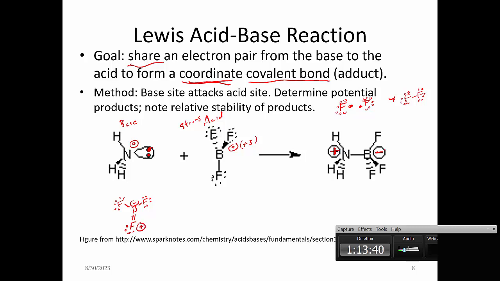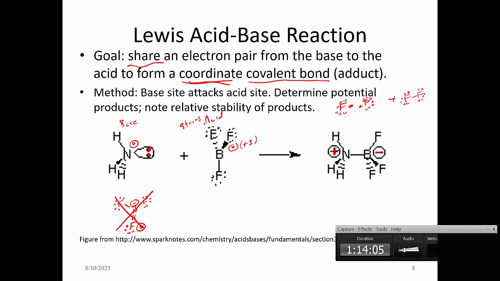The boron's gaining an electron, fluorine's losing that electron. If there's a tug of war for electrons, will boron win? No. Boron's not going to win. And so we can't get an octet on boron. And so this is what makes this a powerful Lewis acid, because it's got less than an octet.